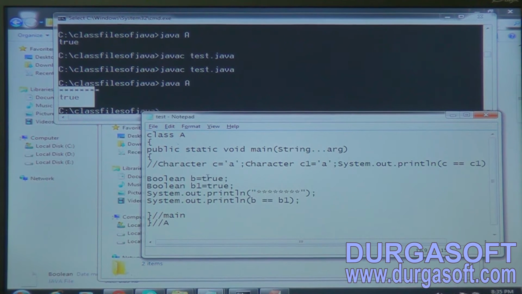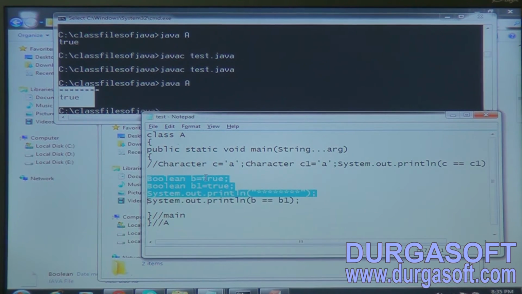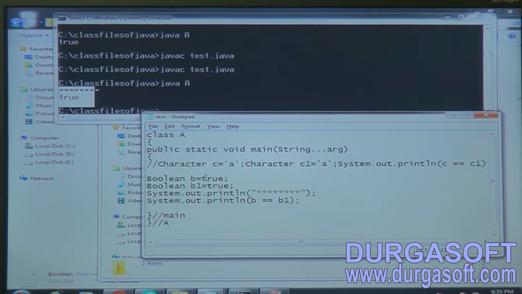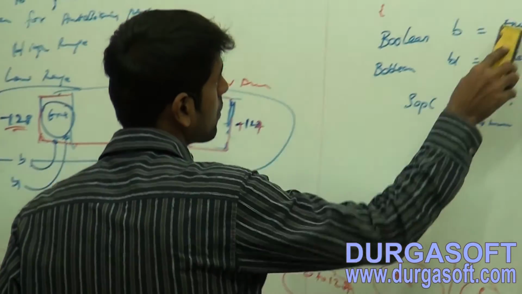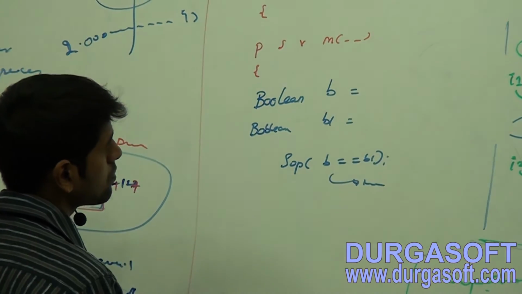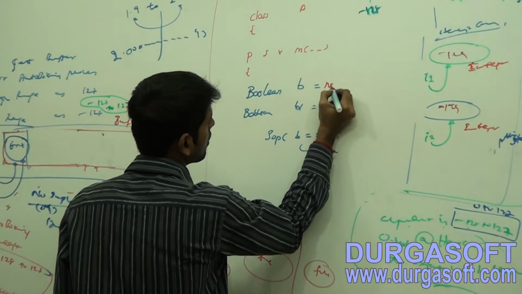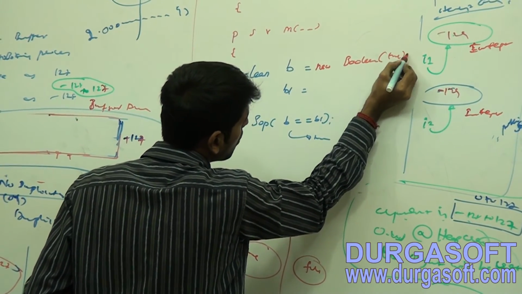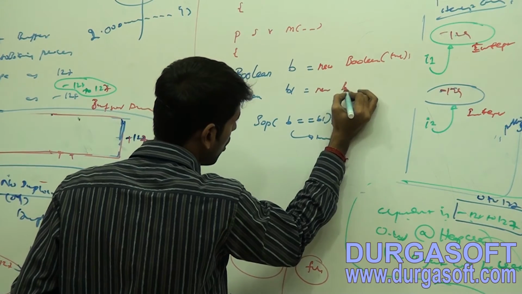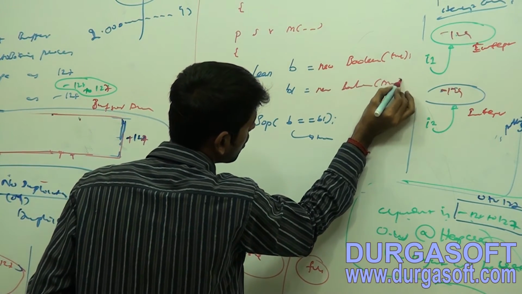Now observe here. If I use the new operator here, friends, a new Boolean of true.